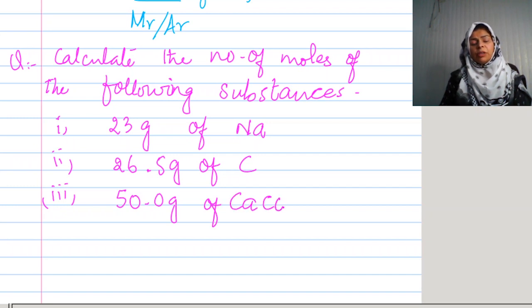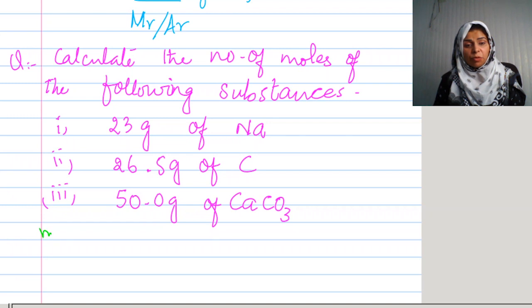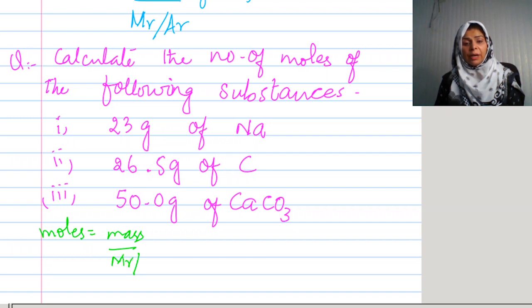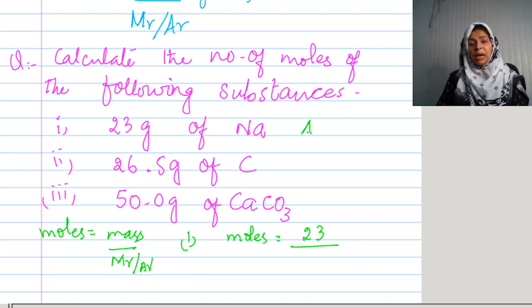So if these are the questions, how will we solve them? First of all, we will have a look at the formula: moles is equal to mass, which is given, over MR or AR. For the first part, the mass which is given is 23 gram. 23 is divided by the atomic mass, so AR of sodium is 23.